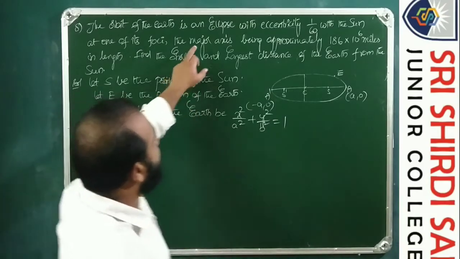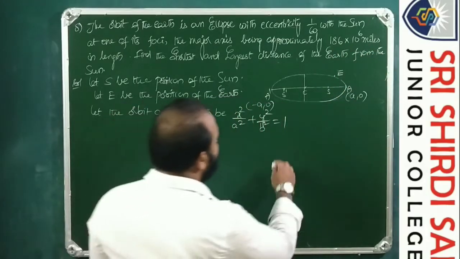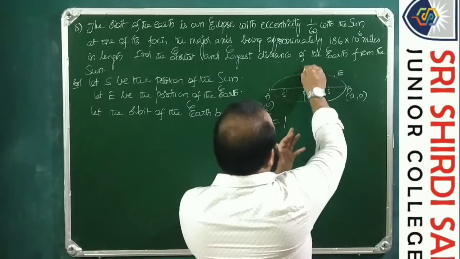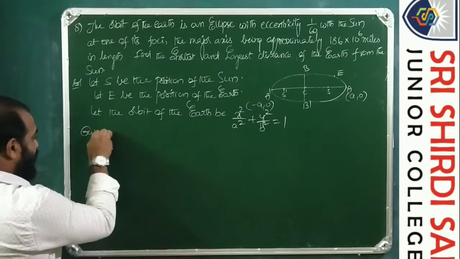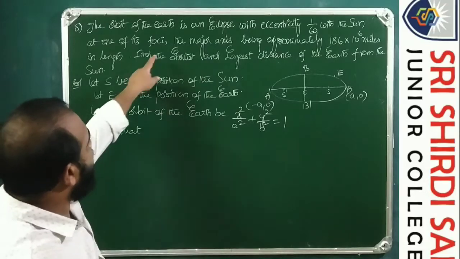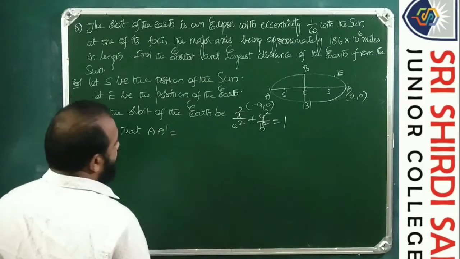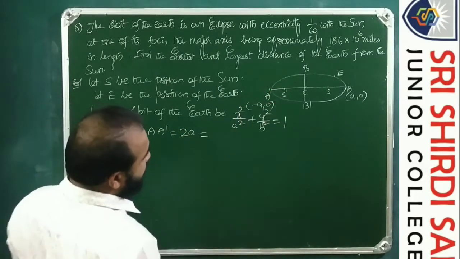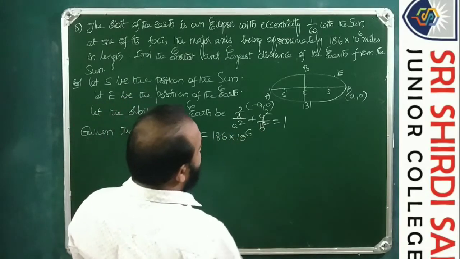What is given is the major axis being approximately 186 into 10 power 6. Major axis means what? A dash, A dash being the major axis and B dash being the minor axis. Given that the length of the major axis A A dash is equal to 2a, that is given as 186 into 10 power 6 miles.